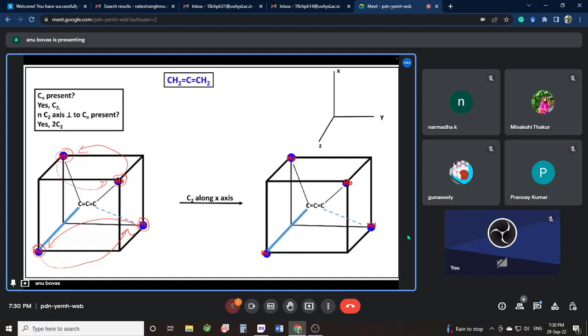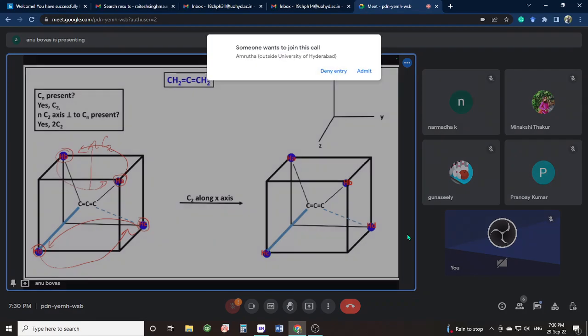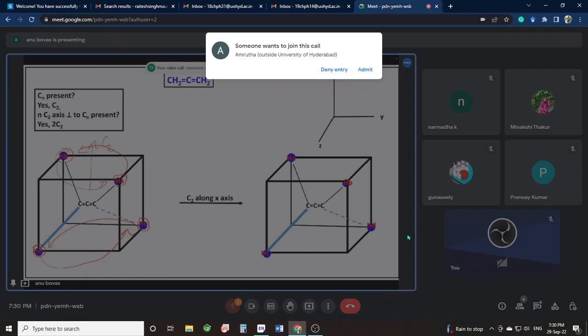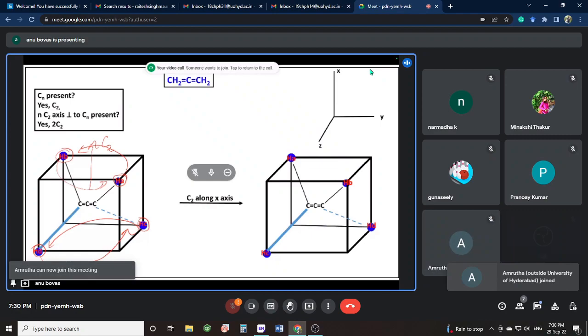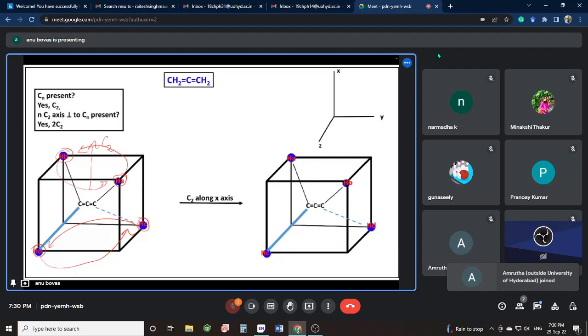This is clear? Because it is a little difficult to see, that's why I'm asking, is this one clear? Yes, ma'am. Okay, fine. So if we got one C2 along the x-axis, similarly, we can get one C2 along the y-axis and one C2 along the z-axis.